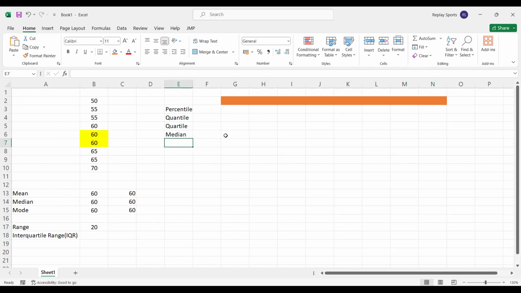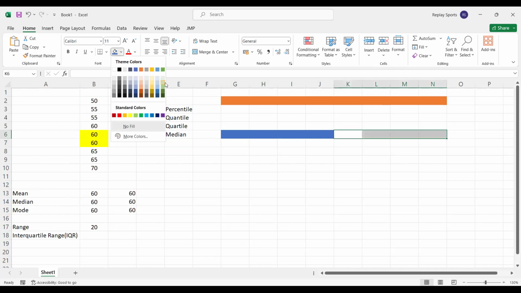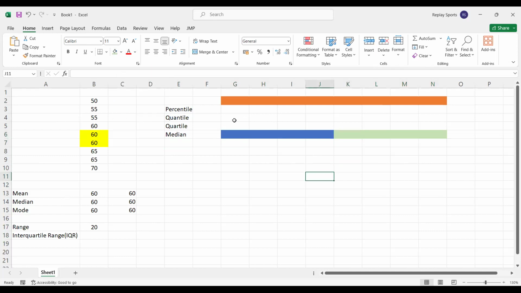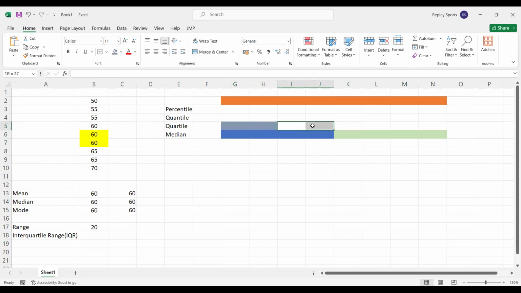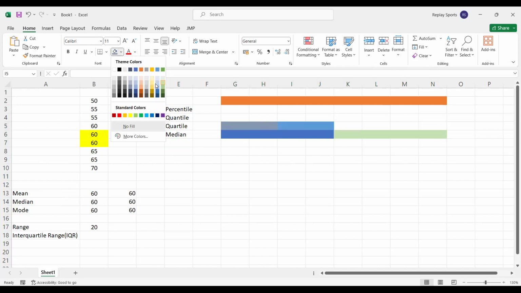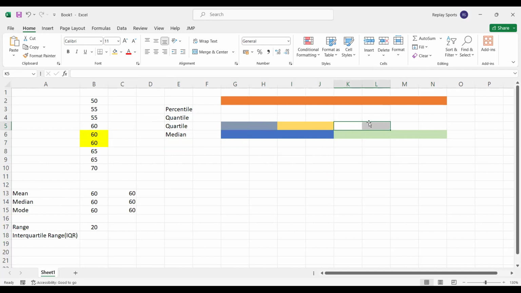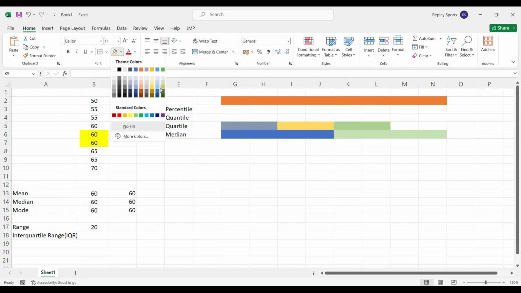Median means you're dividing the data into halves, right? Quartile is dividing data into 4 parts, quarters: one part, two parts, three parts, and then four parts.